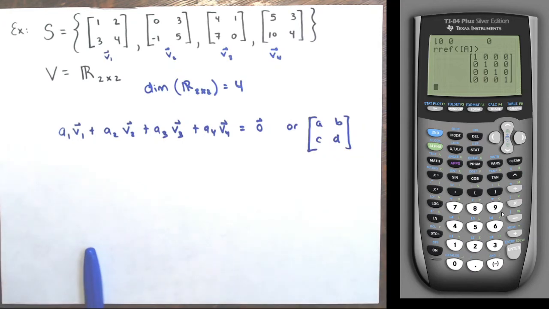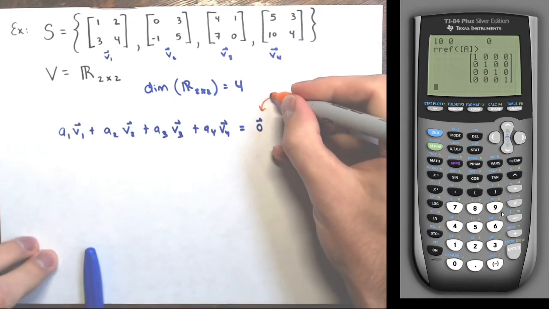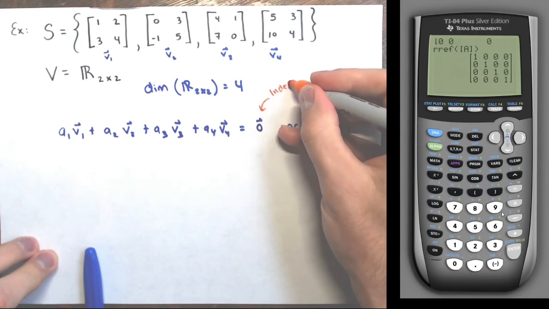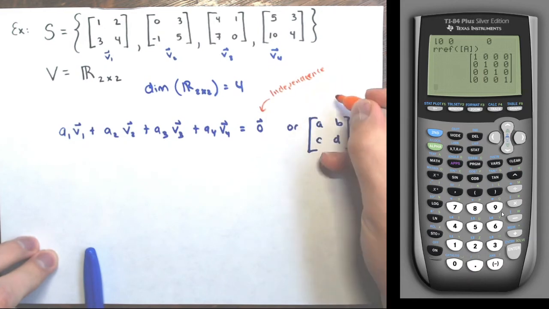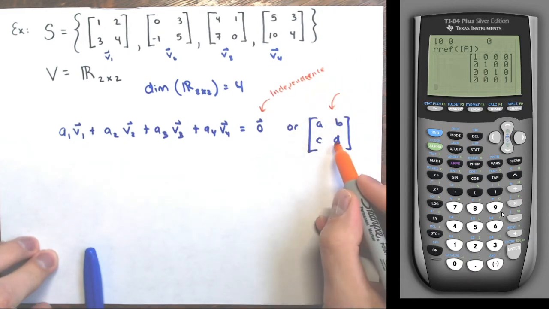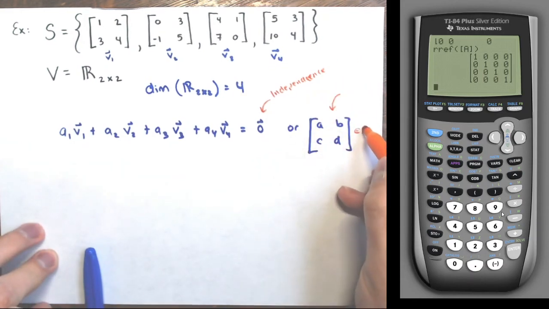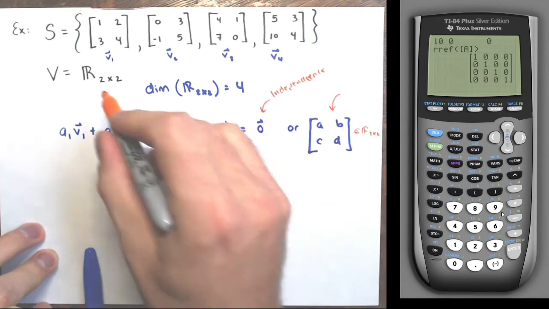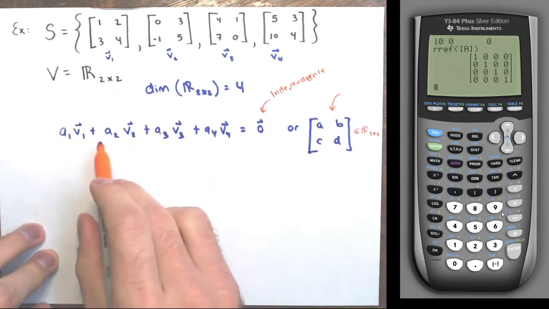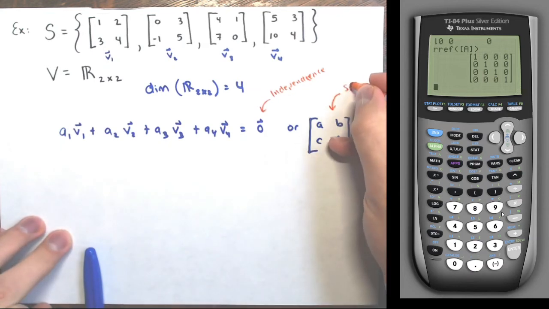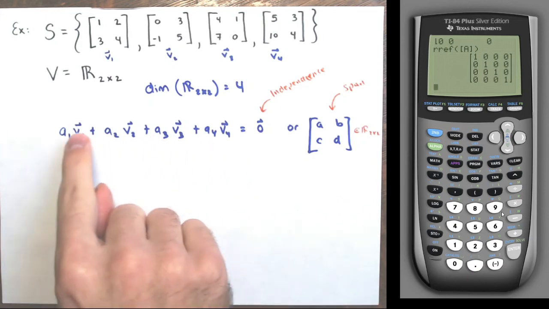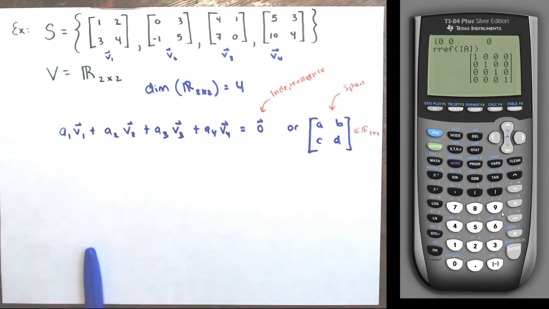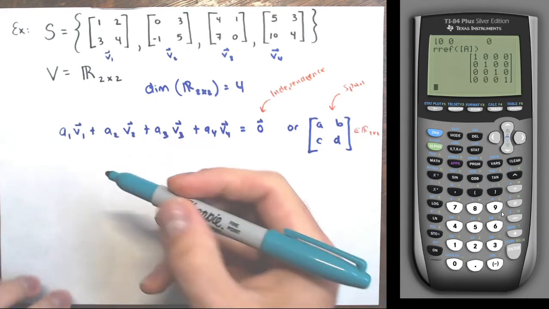I would use the zero matrix if I'm checking for independence. And I would use this generic vector from R2 by 2 if I'm checking for span. This represents anything in there, and we see if we can write it as a linear combination of these four. Does this set span R2 by 2? But either way, do you see how I'm going to get the same stuff over on the left side? I'll get that same coefficient matrix.